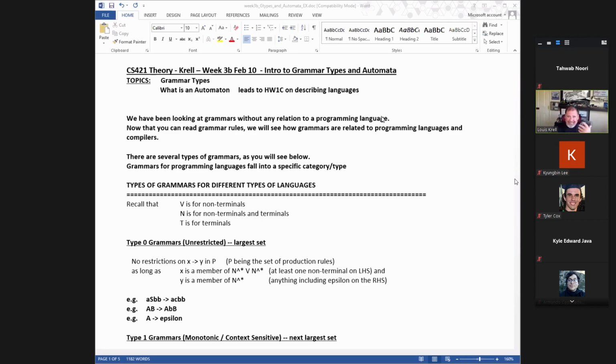And then I said that N was some combination of non-terminals and terminals. So I'm going to introduce you to 4 grammar types. We're going to call them grammar type 0, 1, 2, and 3. The first one, type 0, is considered the unrestricted grammar. It's the largest set.